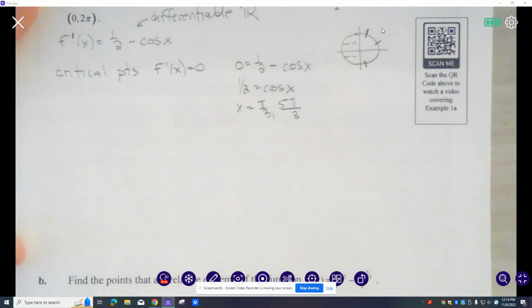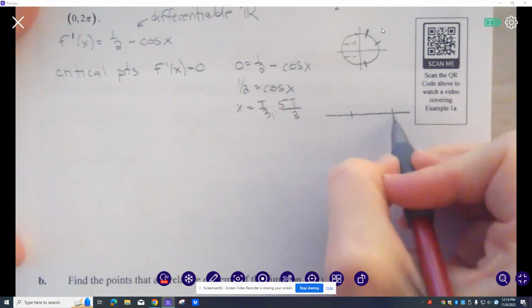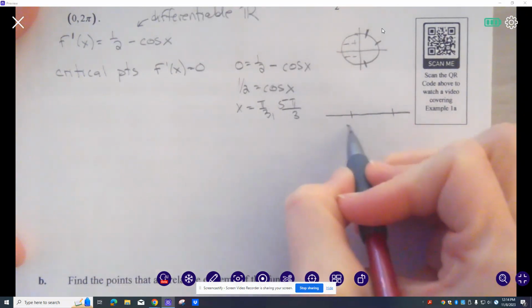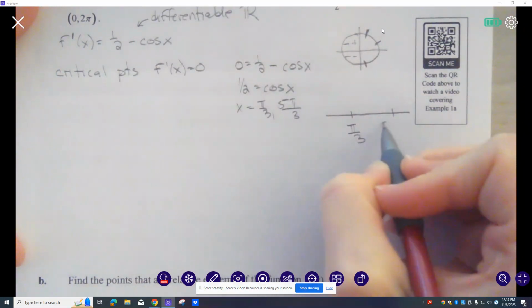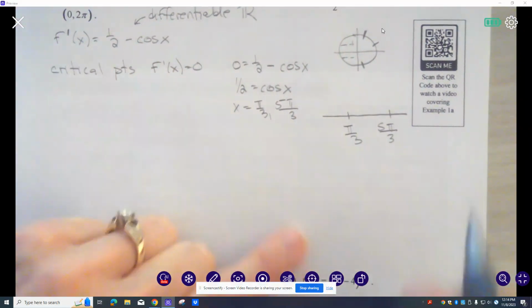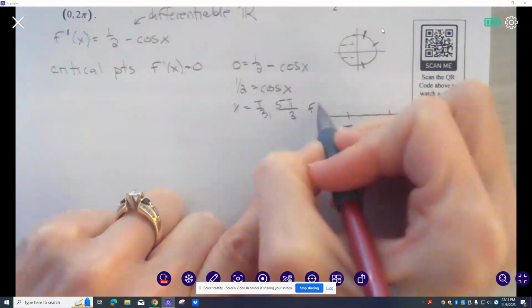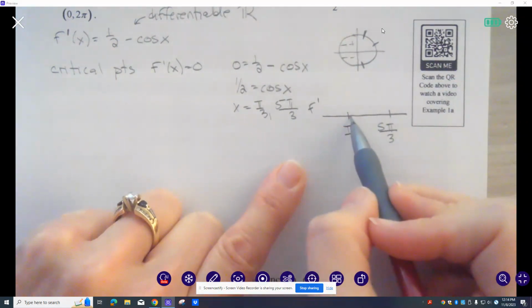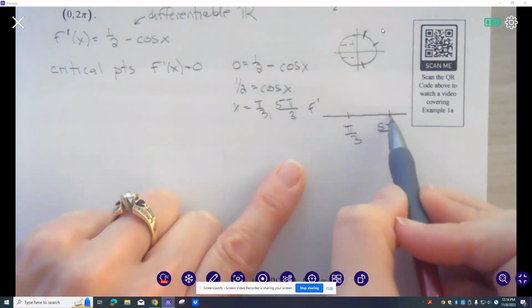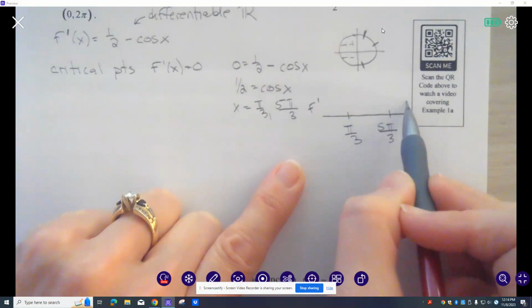Now I have to figure out, is it a max or a min? So I'm just going to do my little sign chart here. My critical points are pi over 3 and 5 pi over 3. I know the derivative is 0 here and 0 here. Now I just need to figure out, is the derivative positive, negative, or positive?